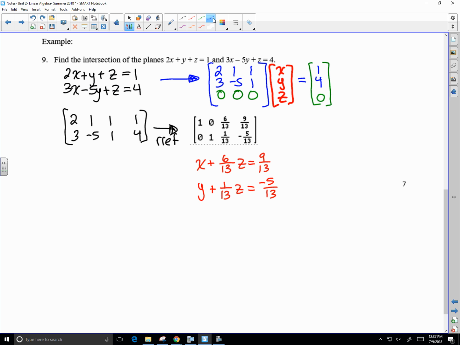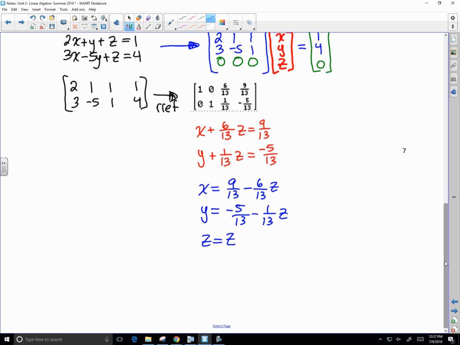Which would be the same thinking as x equals 9/13 minus 6/13 z, y equals -5/13 minus 1/13 z, where z is equal to itself, some unknown free variable.